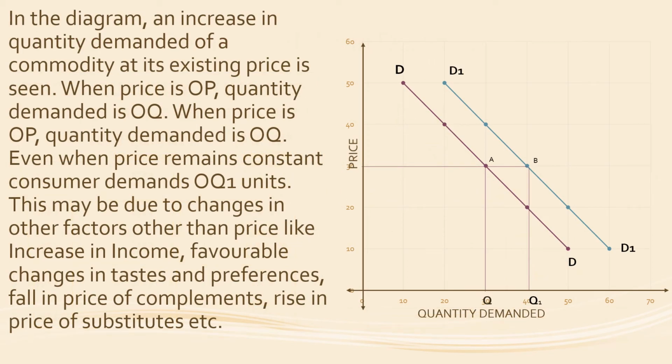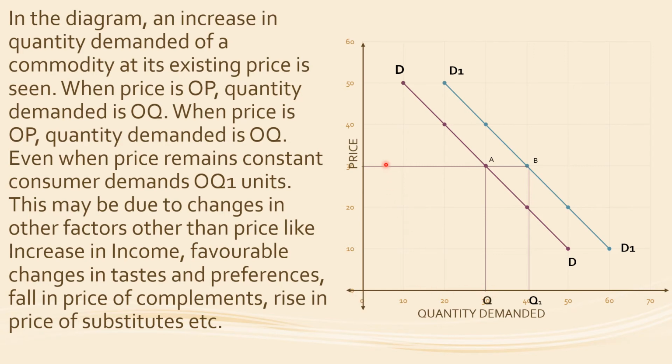Let us now learn how to explain the diagram of increase in demand. In the diagram, an increase in quantity demanded of a commodity at its existing price is seen. When price is OP, the quantity demanded is OQ.